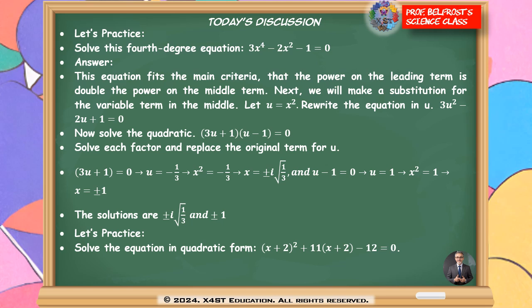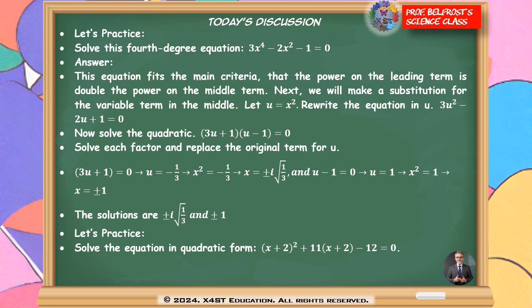Now you can solve it as a regular quadratic equation, and after that you replace u with x squared, and do the factorization as usual. The solution is plus or minus i square root of 1/3 and plus or minus 1.